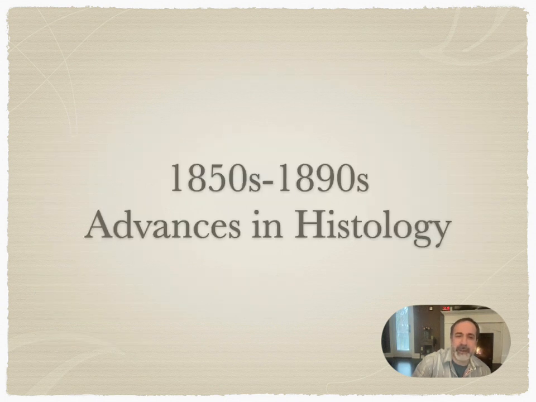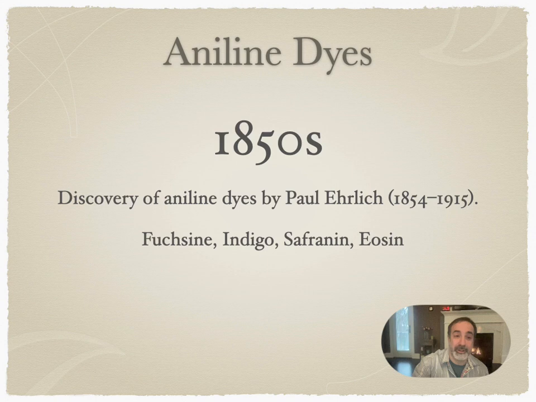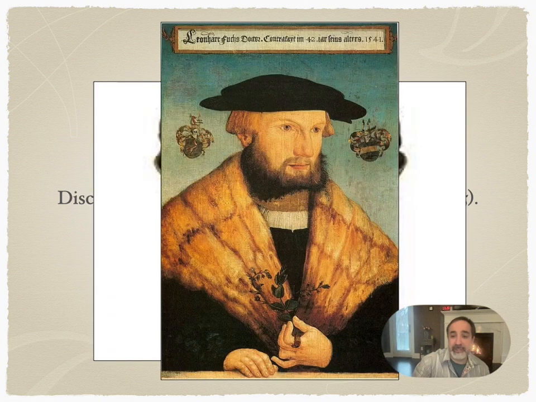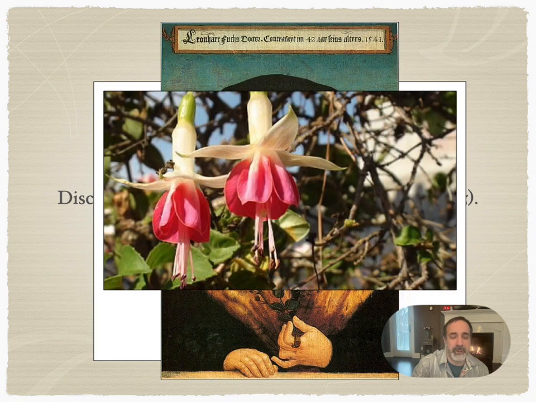The positive feedback loop of scientific advancement continued unabated through the second half of the 19th century, as evidenced by the technical advances in histology, that is, the study of the microscopic structures of the body. In the 1850s, aniline dyes were first discovered, and they included such colors as fuchsin, perhaps named after botanist Leonhart Fuchs, or perhaps named after the flower fuchsia, or both.